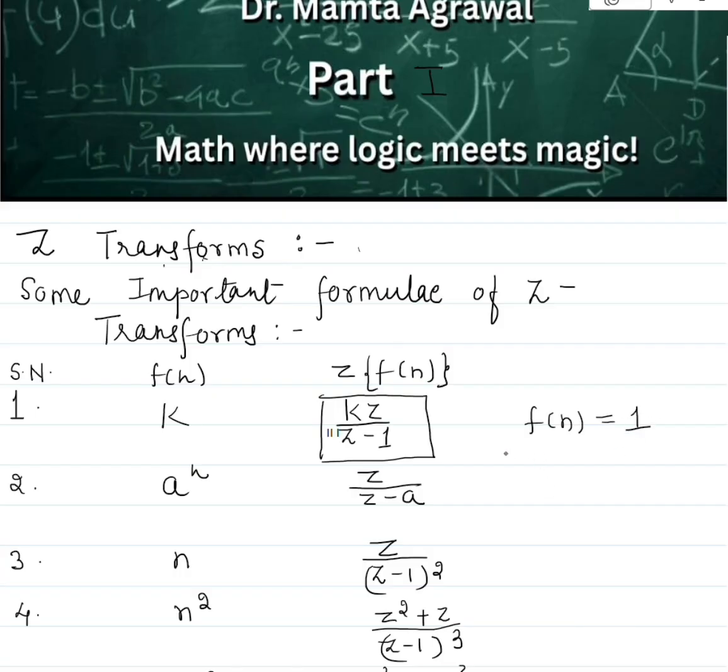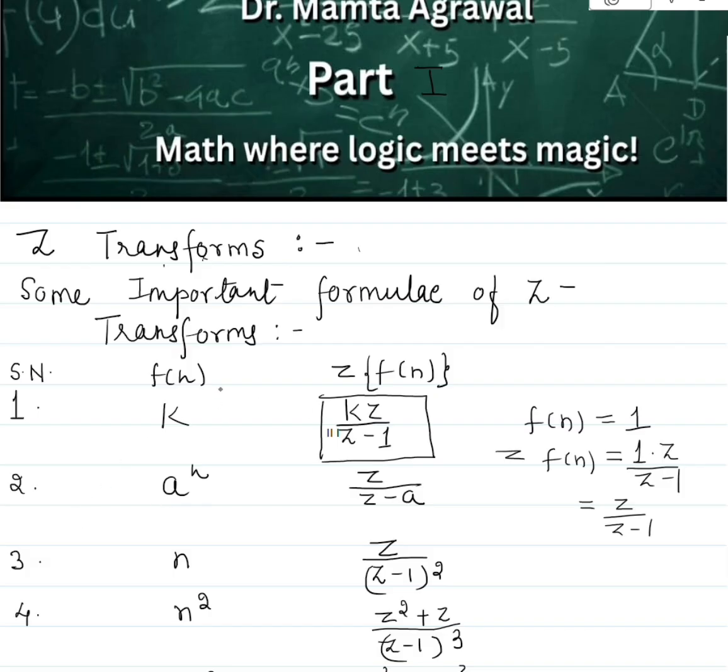The Z transform of this we can write as Z of f of n equals, here the value of k is 1, so instead of k you will write 1 into z upon z minus 1. Or you can say z upon z minus 1 is the Z transform of the constant 1. So if you are finding the Z transform of any constant value, you will write it by using the kz upon z minus 1 formula.